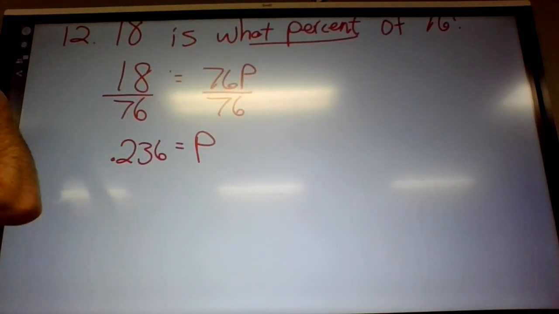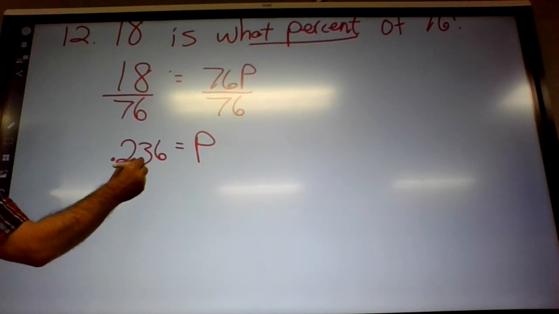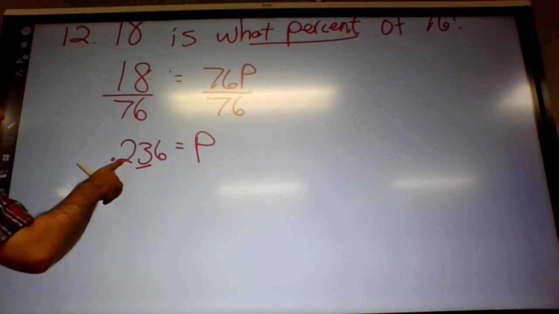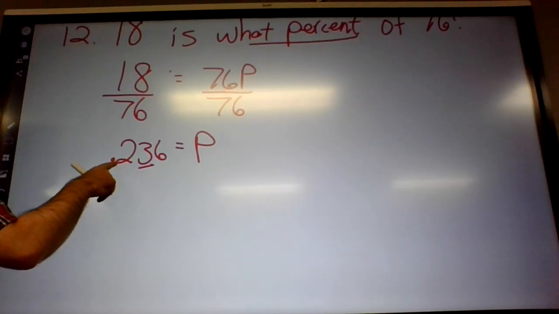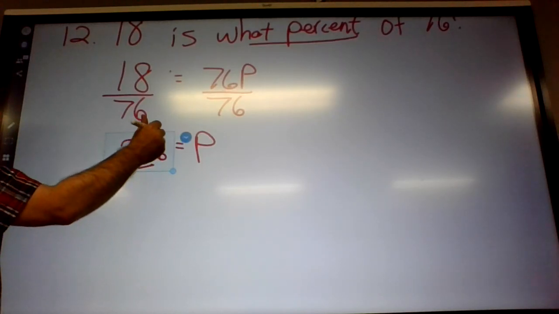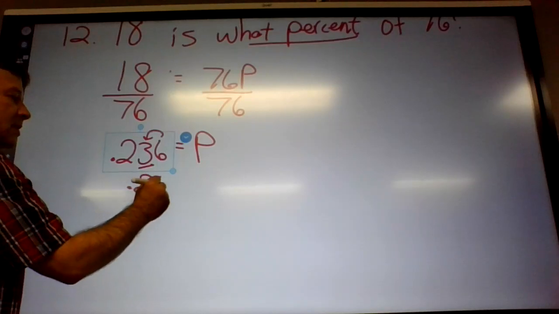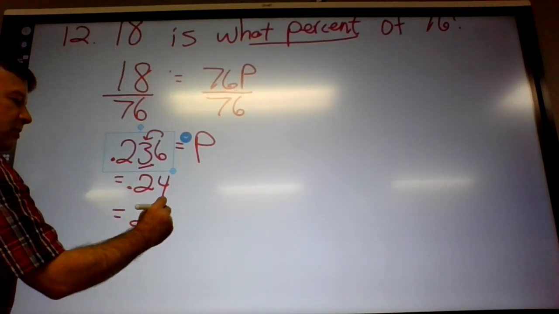Yeah, so we got a couple problems. We're supposed to round it off to the hundredth place. And we're supposed to change it to a percent. Doesn't really matter which one we do first, I guess. So what would 0.236 round to if we're rounding to the hundredth place? 0.24. Okay, which is, yeah, 24%.